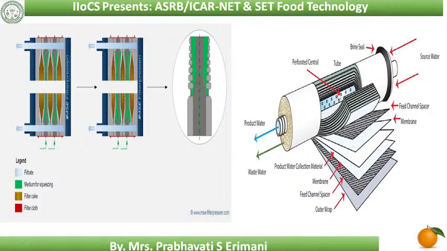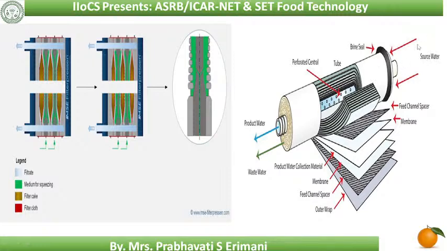Here this is the membrane module. You can see how the product water and the waste water enter through the membrane. There is the product water collection material and the membrane for separation. The feed channel spacer is there, and the perforated central tube and brine seal.